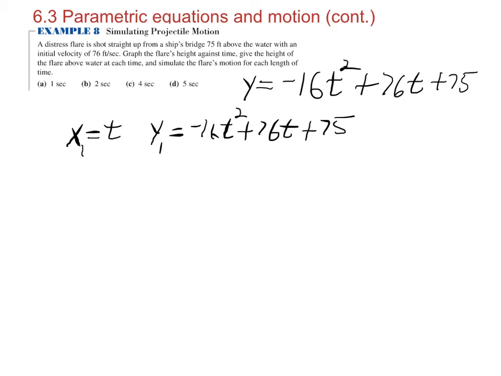Now we're going to do a second parametric equation, and we're going to let x2 be 5.5. Now at first 5.5 might seem kind of random.